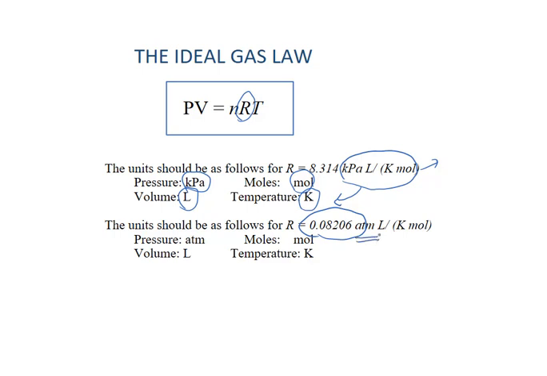You can go back and try this out and see if you can get this value, we would be subbing in 1 atmosphere in place of 101.3 kilopascals. So when you want to use atmospheres for your pressure, this is going to be the R value that's going to be used.